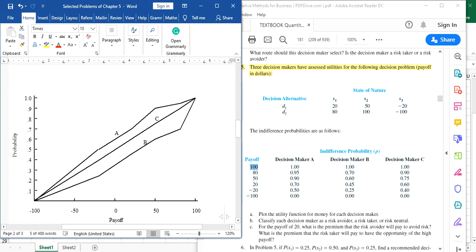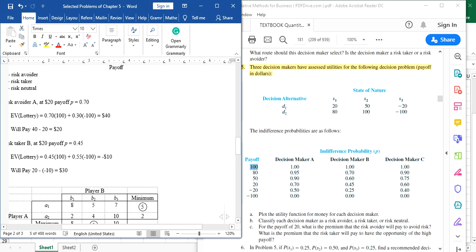Apparently this is a risk avoider, as we said, concave utility function, and we have here a straight line, which reflects investor C, decision maker C, which is neutral, and then we have risk taker over here, B. So A is risk avoider, B is risk taker, C is risk neutral.